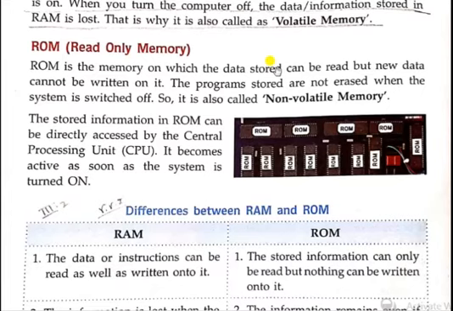For example, can we change the process of shutting down the computer? No, it is not possible, because these instructions are saved in ROM. All the instructions that are required for booting or starting up the computer are stored in ROM only. We cannot change that. I hope it is clear to you.